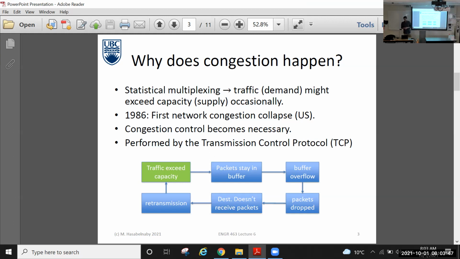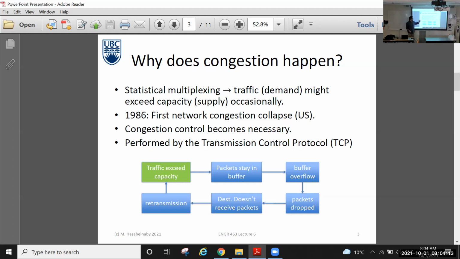The first congestion accident that happened in communication network was in 1986 in USA. After this accident happened, the network engineers knew that we must have congestion control over our network.